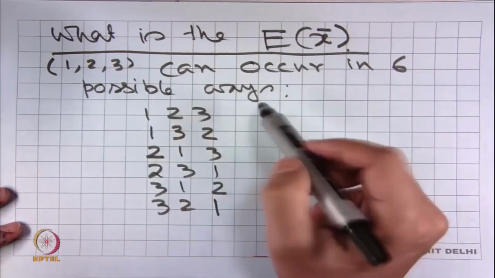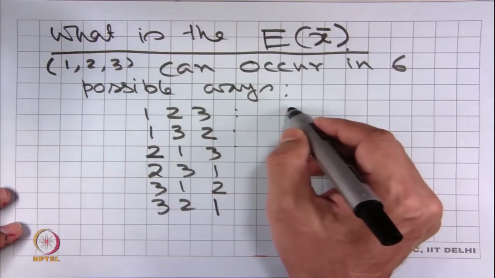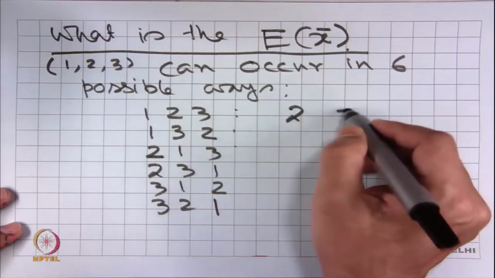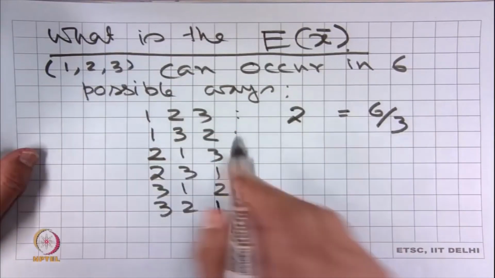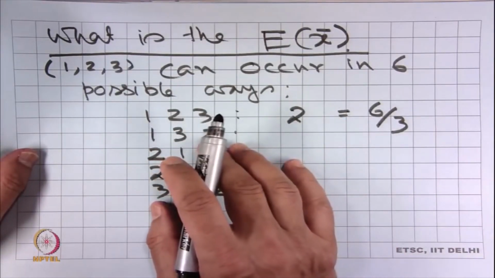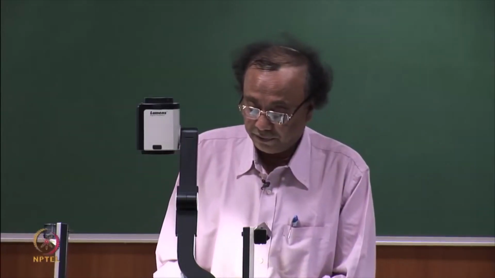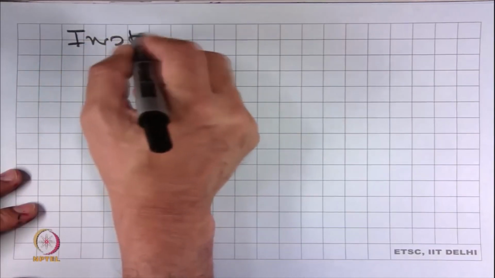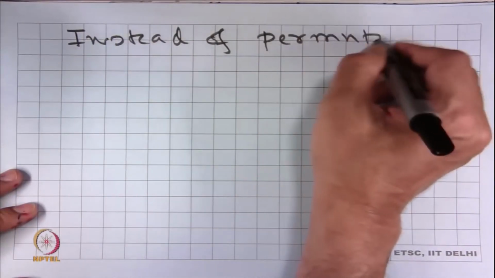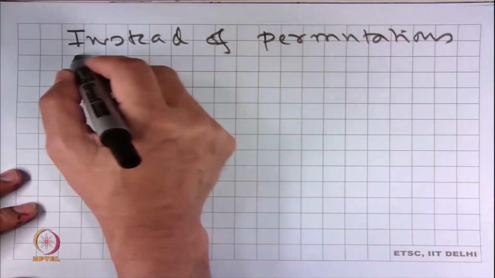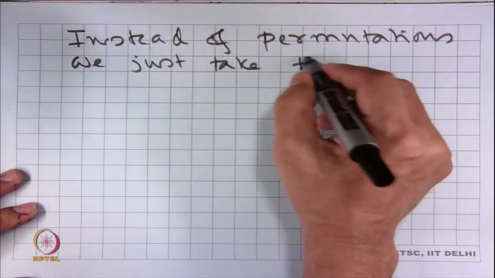For each one of them, x bar is coming out to be 2, which is 6 by 3. Therefore, in order to make the calculation simple, instead of permutations, we just take the combinations.